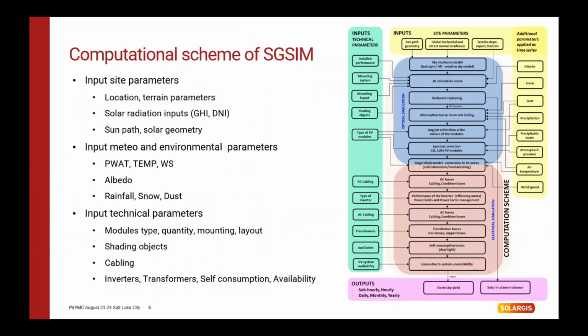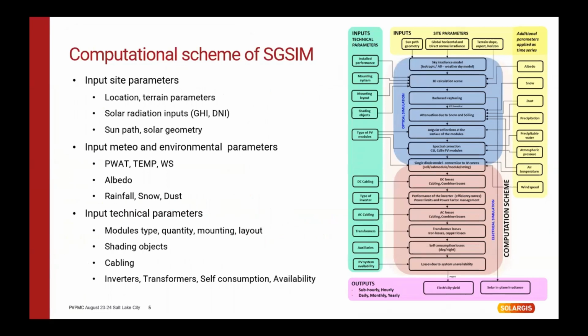The PV simulation is split into 13 individual calculation steps. This blue part is the optical part, where the core is the ray tracing and transposition model using this ray tracing.